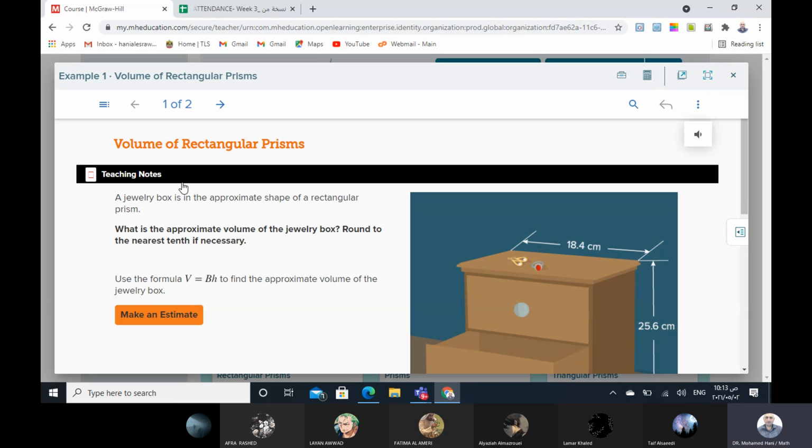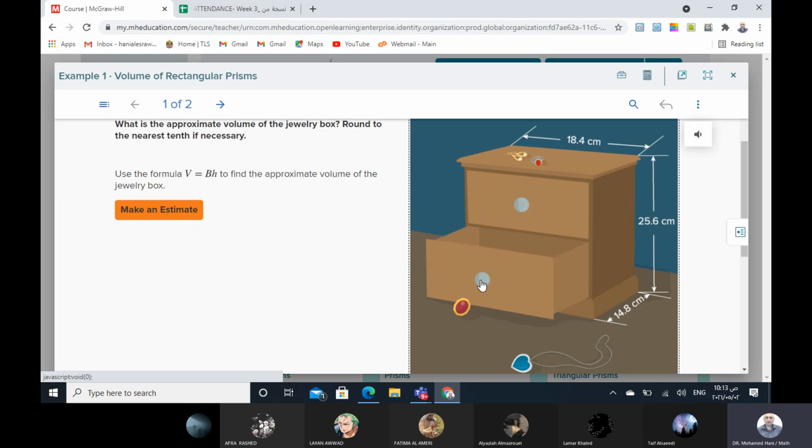So, volume of a rectangular prism. What is the approximate volume of the jewelry box? Round to the nearest tenth if necessary. As you see here, we have this box and we want to find the volume.